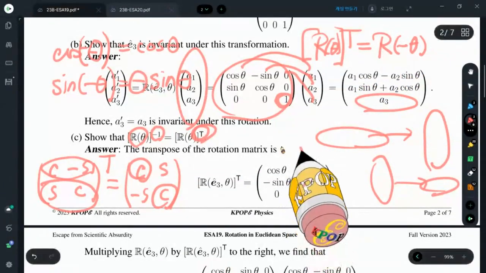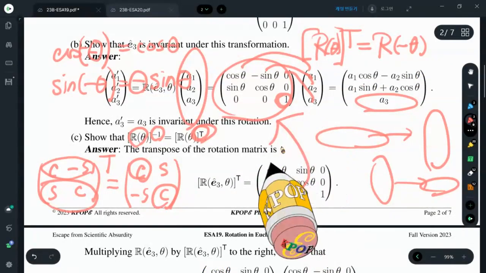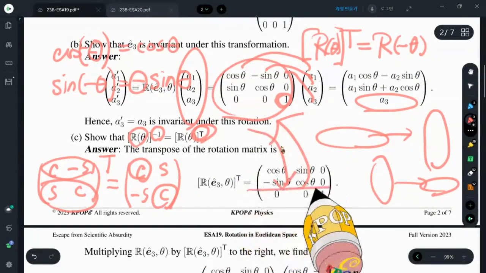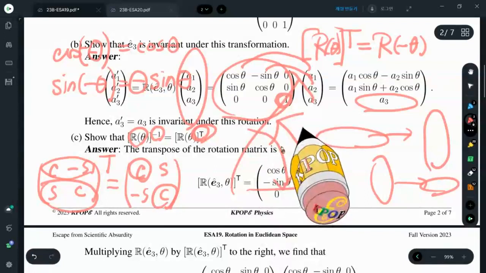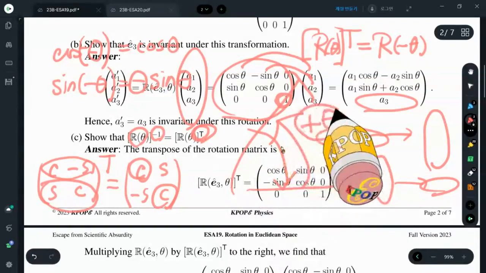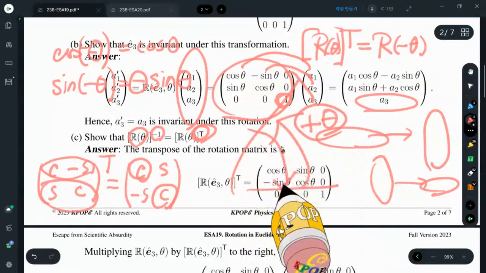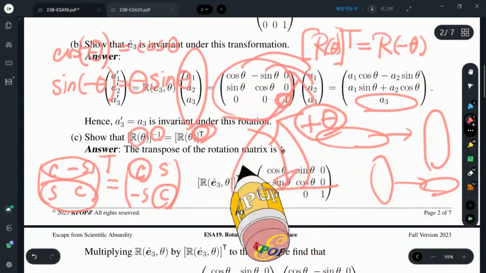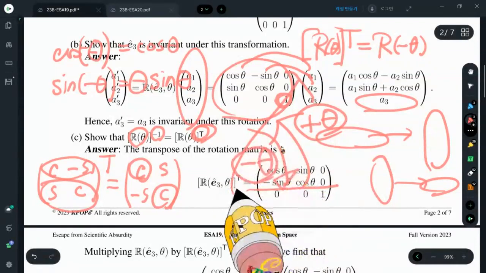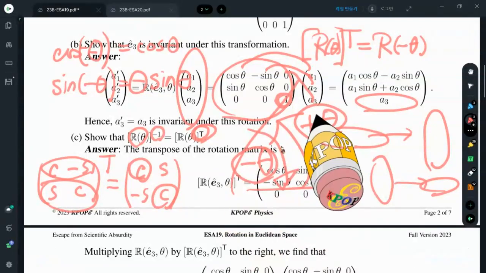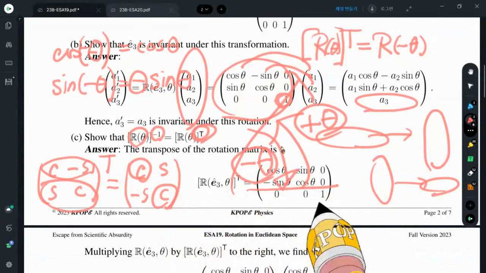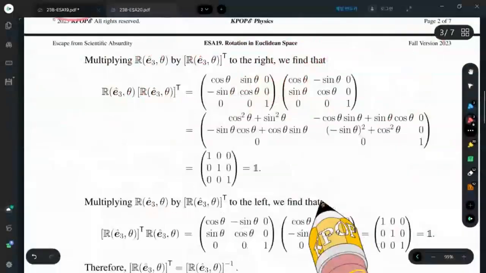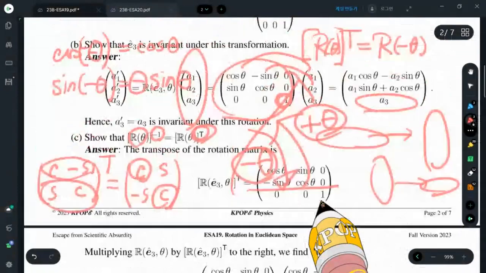In addition, if I rotate in this way and return to the same point, what's that? This is rotation by plus theta. The returning process is rotation by negative theta. Therefore, I find that the inverse is the same.